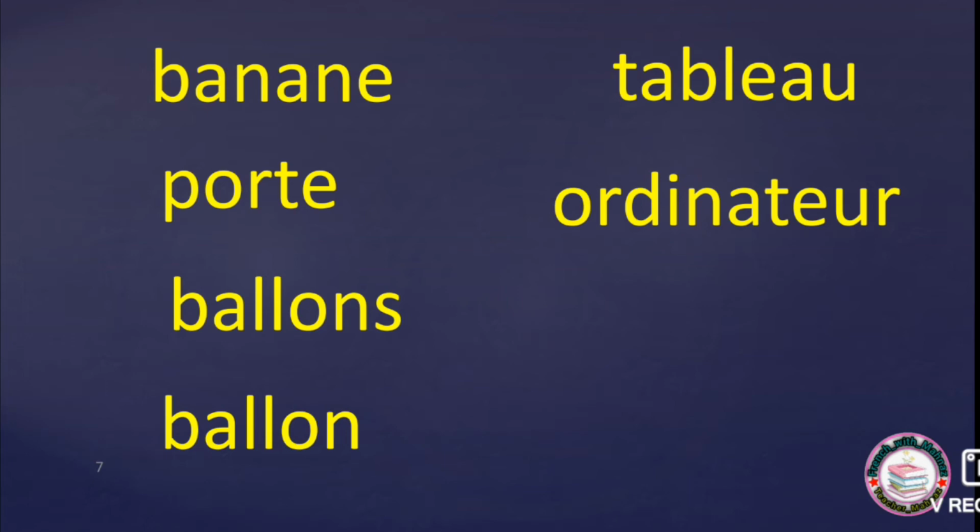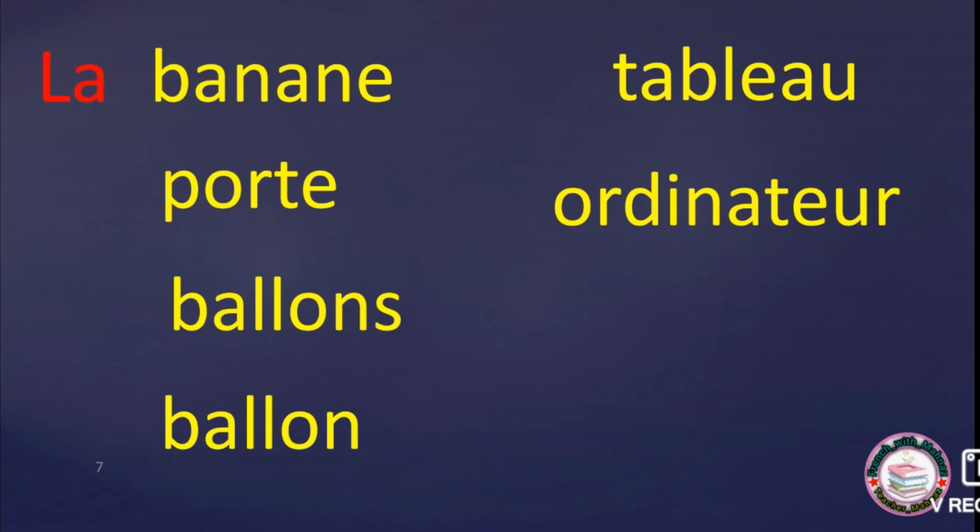Like for the word banane, the first word banane, which means banana, it ends in e. 75% of the time, when a word ends in e, this is a feminine word. 75% of the time, not all the time. So banane is feminine. La banane.